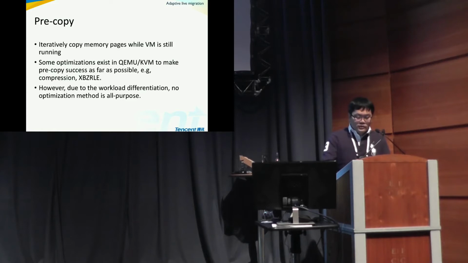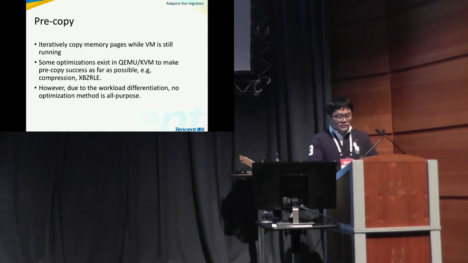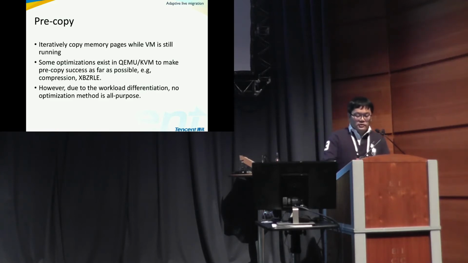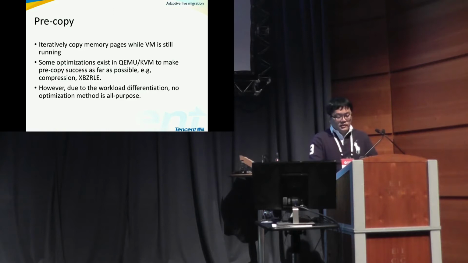If some memory pages change during this process, they will be recopied until the rate of recopied pages is not less than the page dirty rate. So far, there are existing optimization methods such as memory compression and XBZRLE, but due to workload differences, as I said before, currently no optimization is all-purpose. So let's go through them one by one.